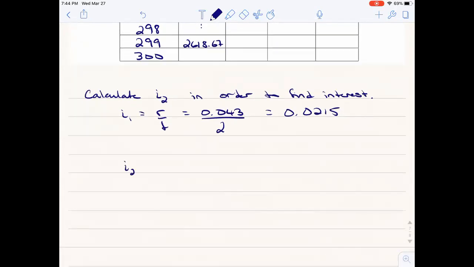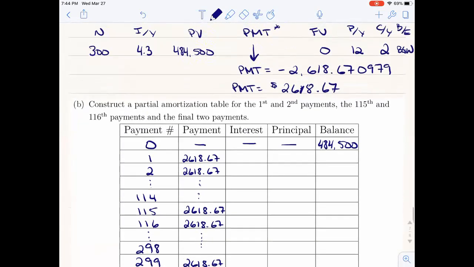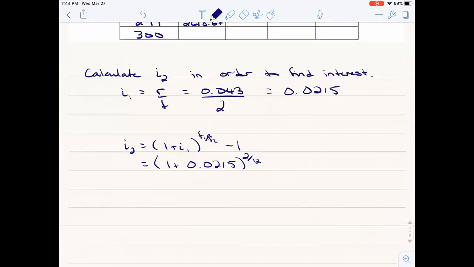Then I2 is 1 plus I1 to the power of F1 over F2, minus 1. So 1 plus 0.0215 to the power of 2 over 12, monthly, minus 1.